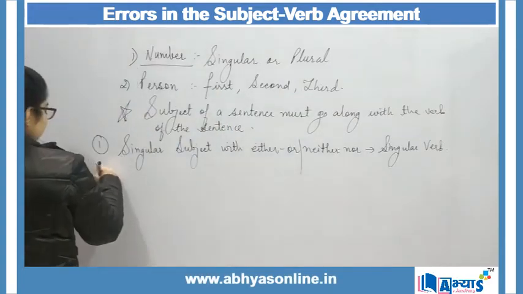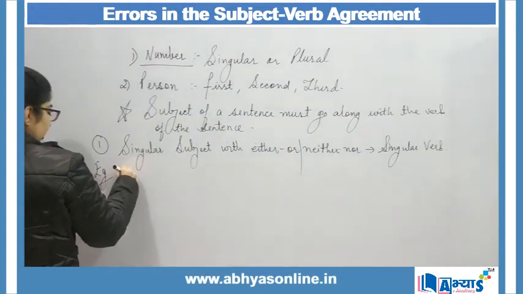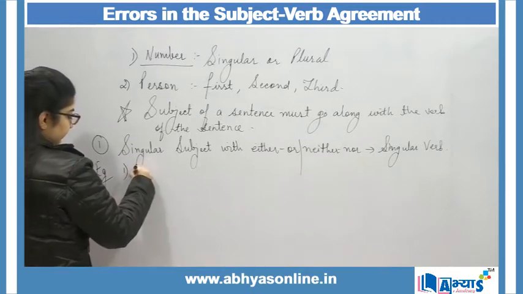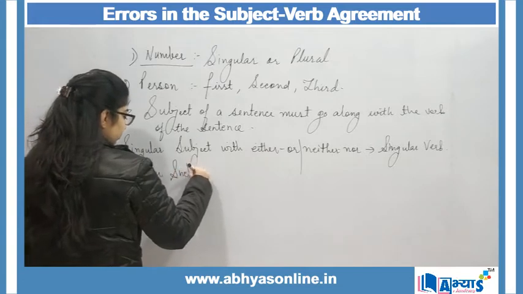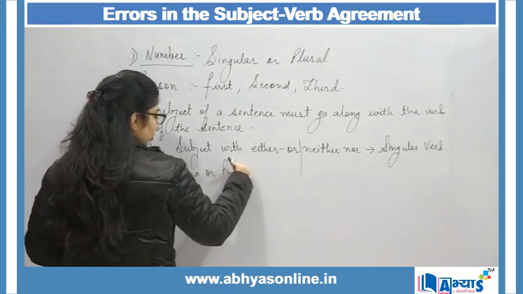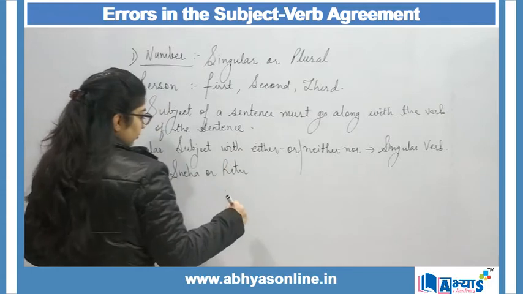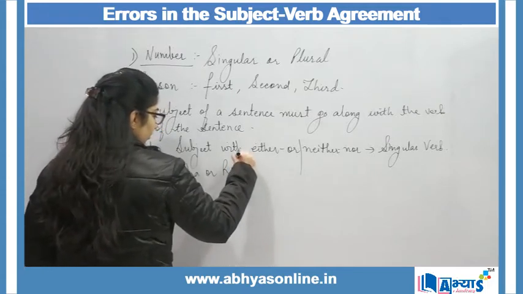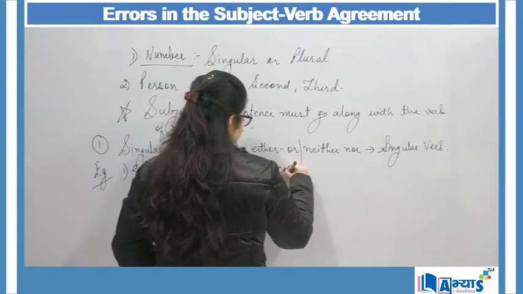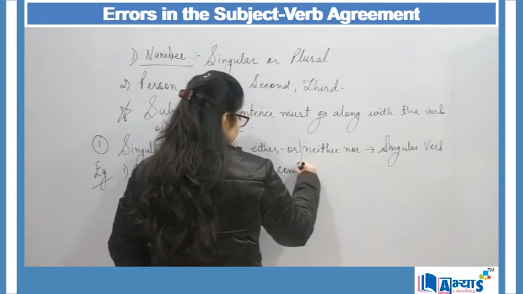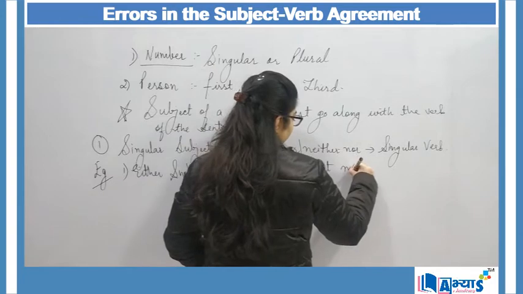An example can be explained like I say, either Sneha or Ritu is coming at my home.